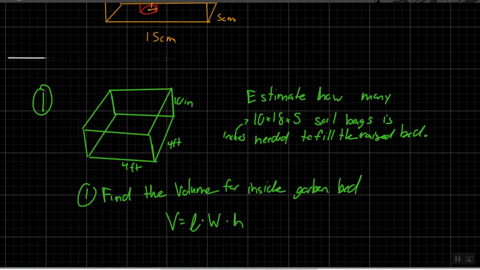Now I can't just multiply these all together. Why can't I just multiply 4 times 4 times 10? Yep, I have to convert. So, 4 feet. How many inches is that? 48. Yep, 1 foot has 12 inches. So now I have 48 by 48 by 10. Boom. Then we have the volume of a raised bed.